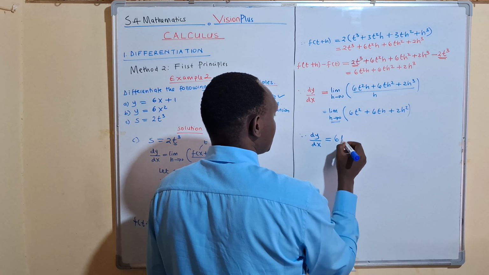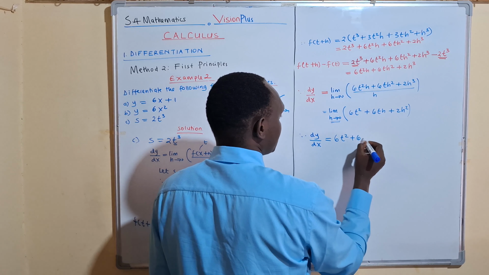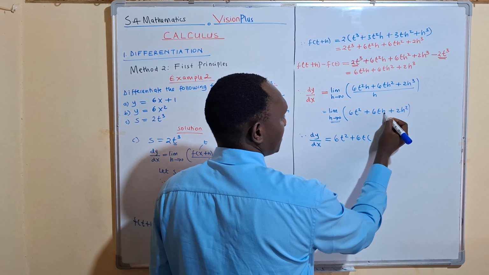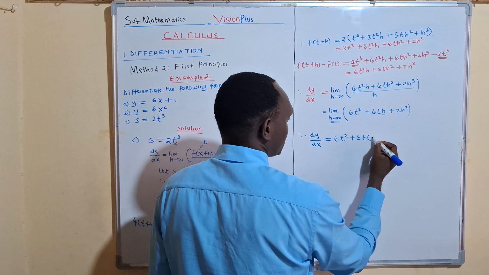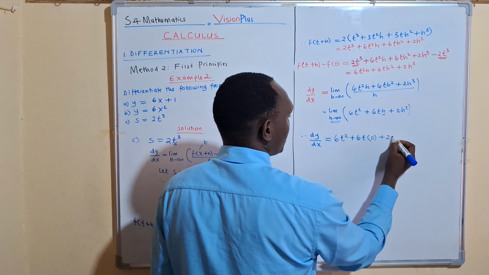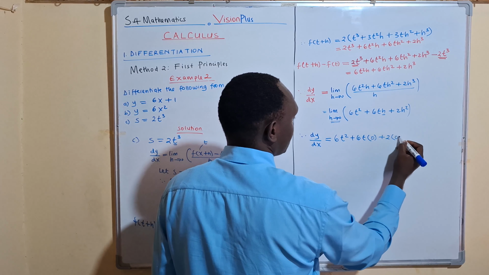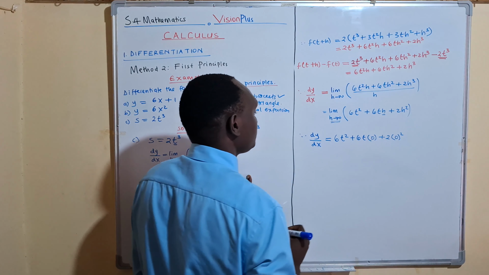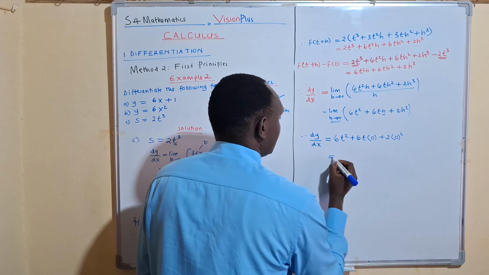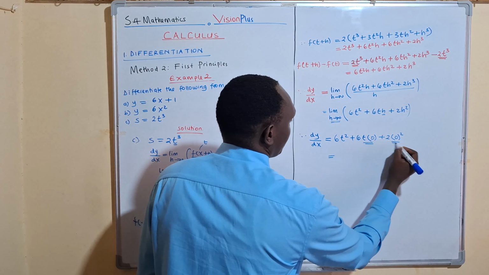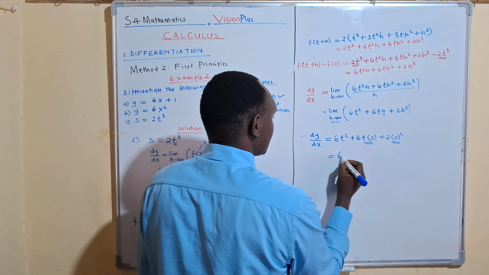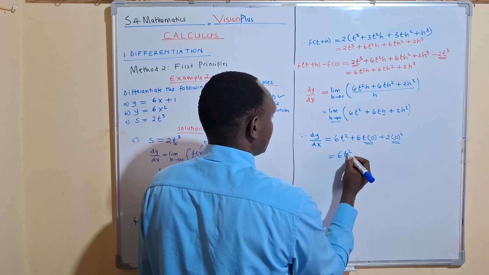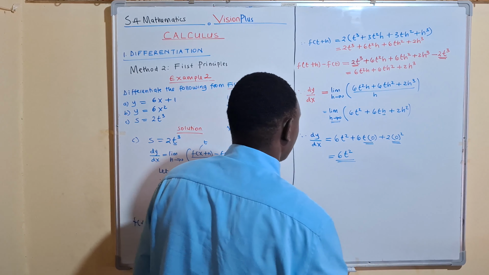We shall have 6t squared plus 6t times h, where h is 0, plus 2h times h, which is also 0. That means this term is 0 and this term becomes 0. It gives us 6t squared as our answer.